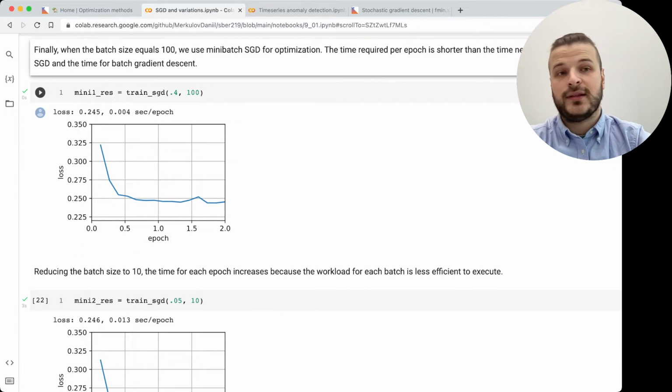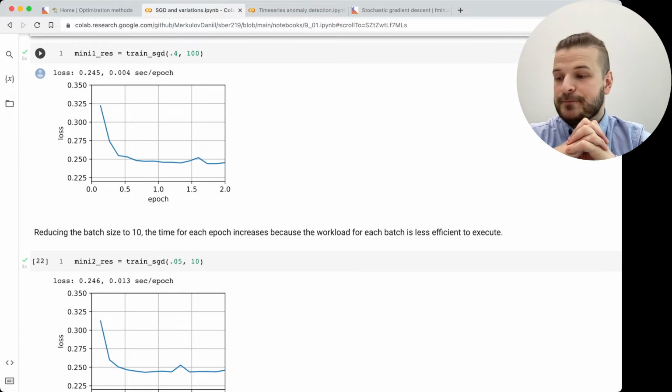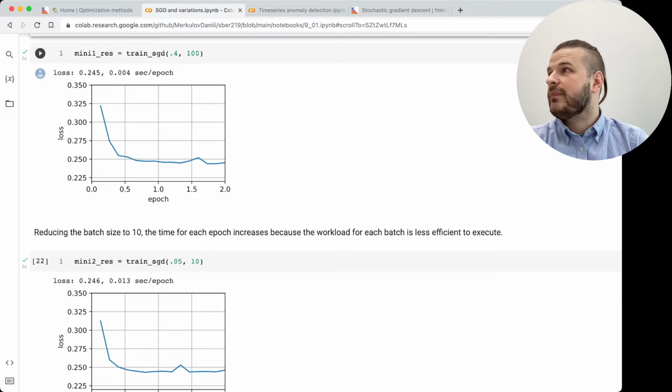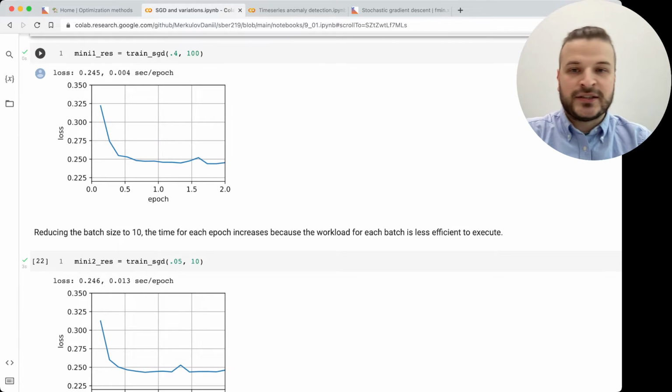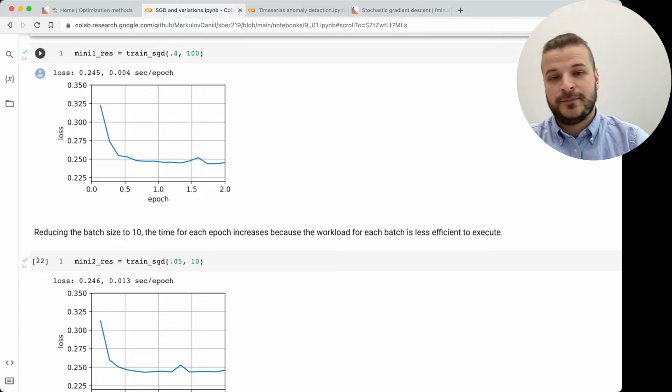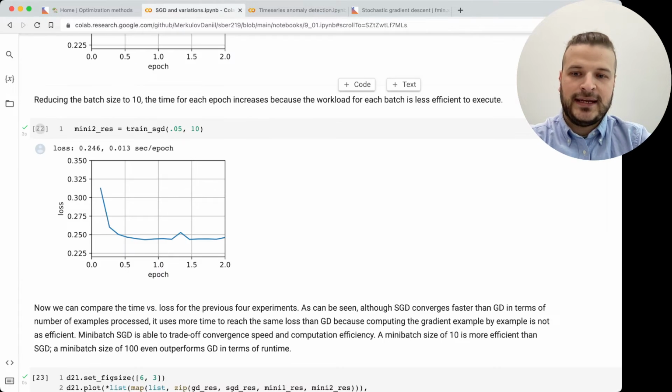In modern language modeling problems, people use dozens and even hundreds of graphics cards to deal with the batch size and the huge size of the data.